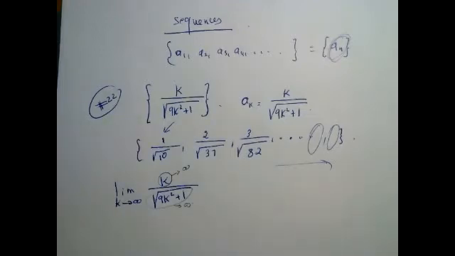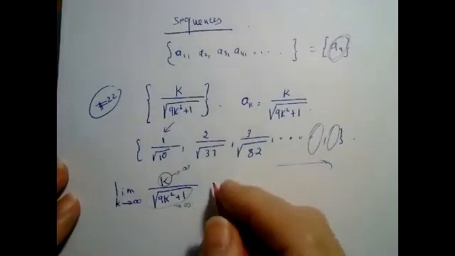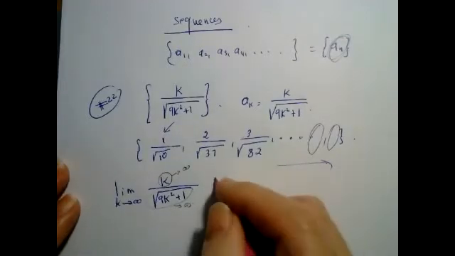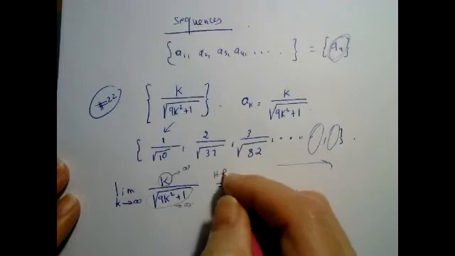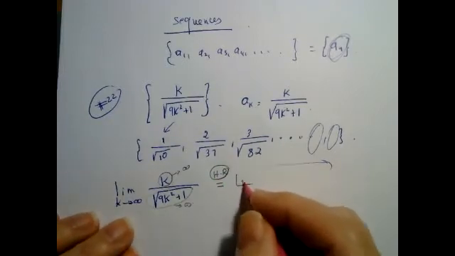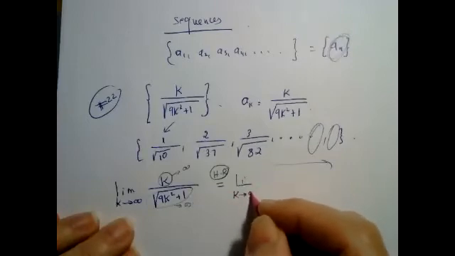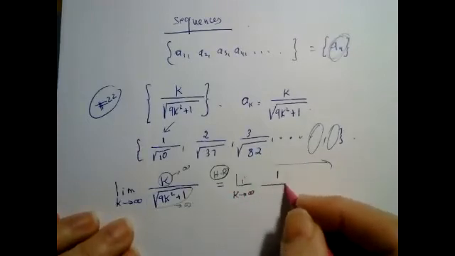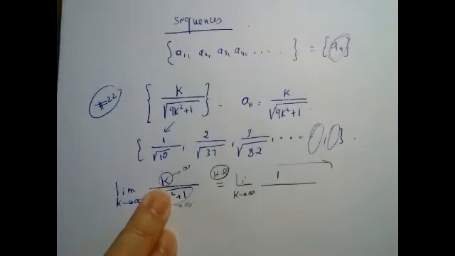I'll do it on a separate side, because let us say I didn't think hard and I applied L'Hopital's rule. I'm going to show you the difficulties that we're going to have. Suppose I do it. The derivative of the numerator is 1.